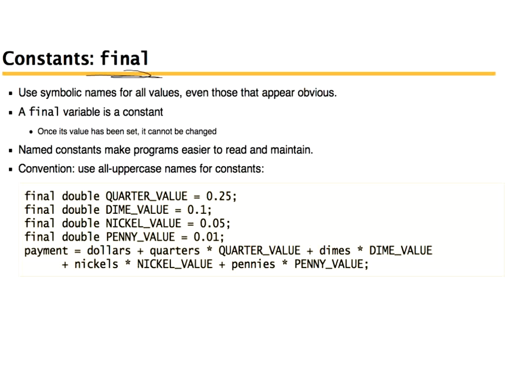Now, this is a new topic as well. We're going to talk about finals. Any variable in Java that is declared final, the value will never change. So if you declare final int a equals 5, the value of a will always be 5 within the class.